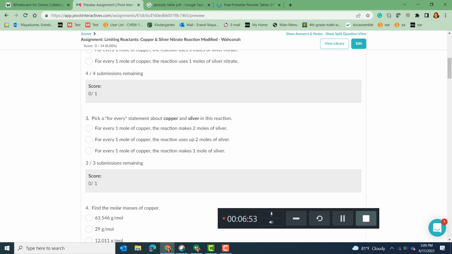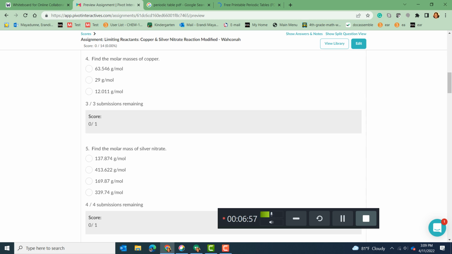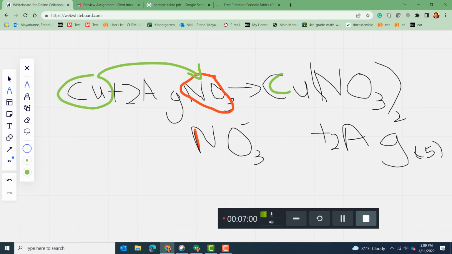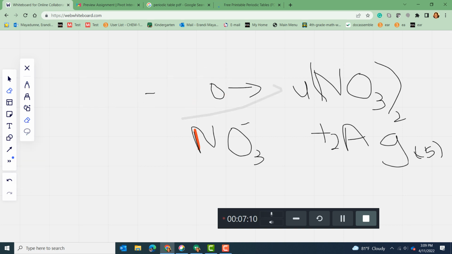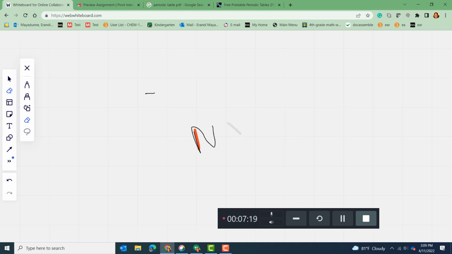Okay. And then you go down and they ask the molar mass of silver nitrate. So it is AgNO3. So how do you find the molar mass of silver nitrate? Let me erase this. Okay.